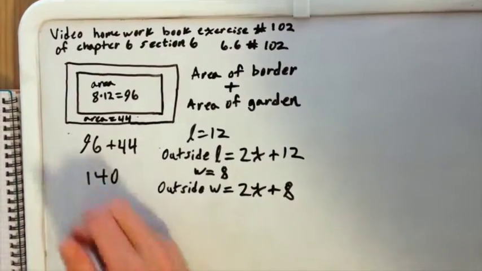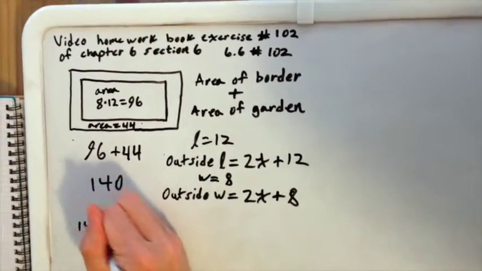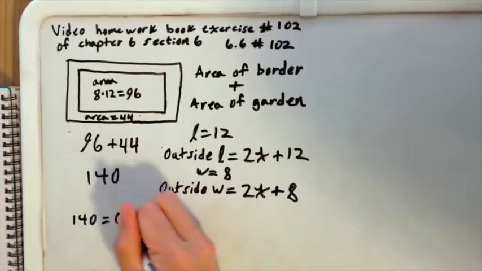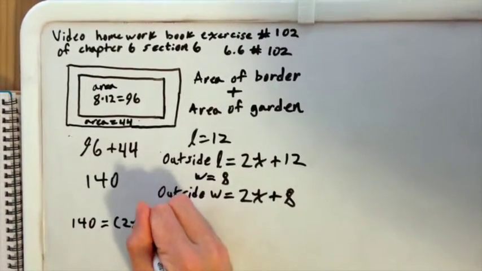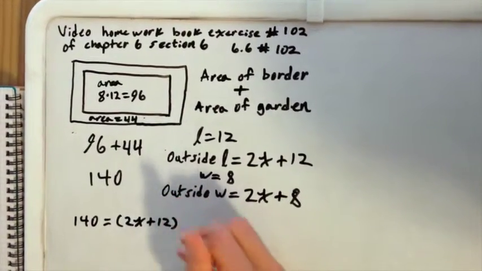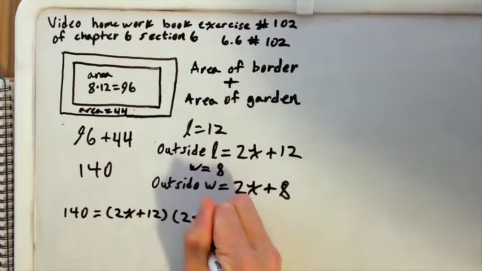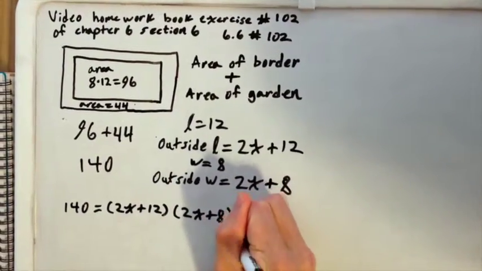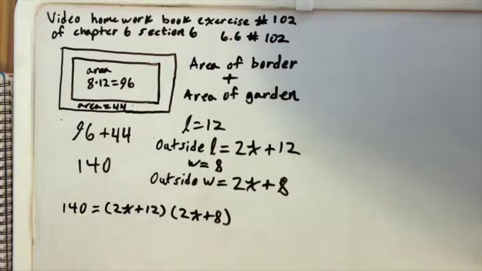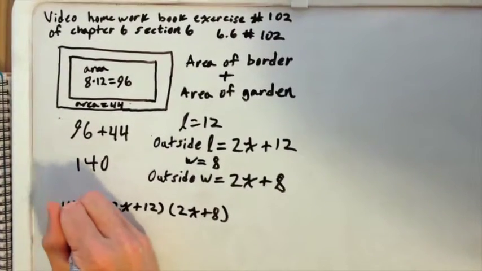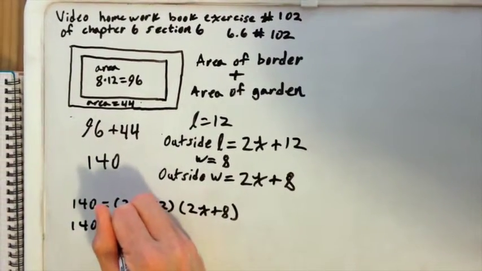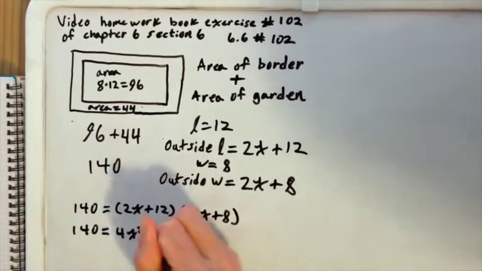So we can set the total area of 140 equal to the quantity 2x plus 12 times the quantity 2x plus 8. We FOIL this out and we get that 140 equals 4x squared.